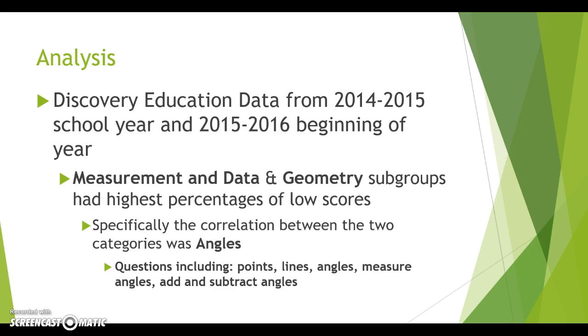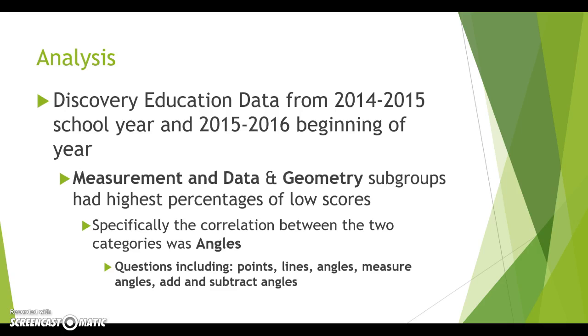So Discovery Education splits the data up into different subgroups, and I noticed that the highest percentages of low scores were found in the measurement and data and geometry subgroups for each of those time periods I was looking at. So specifically, there's a correlation between those two groups with the category of angles, and I looked at some of the angle questions that many of our students got wrong, and I realized they really needed more support with angles.